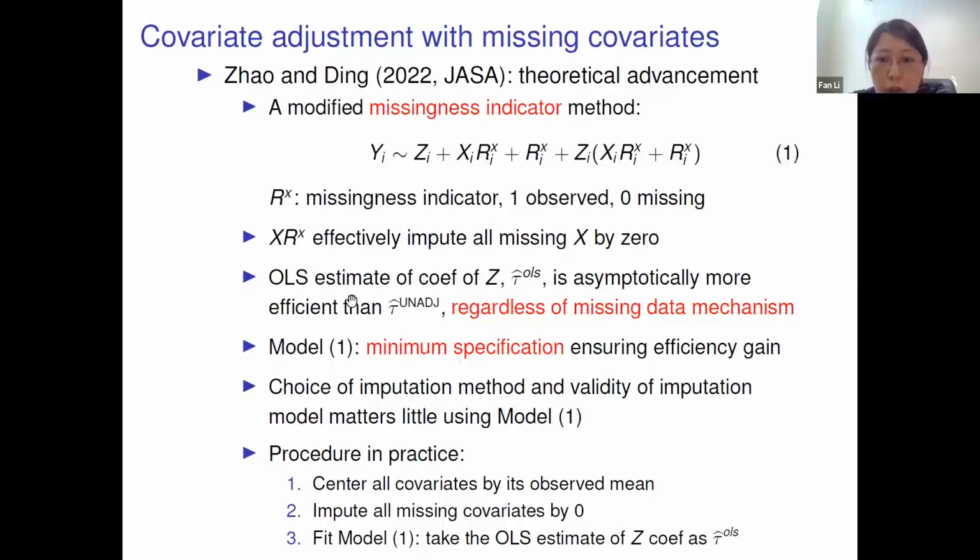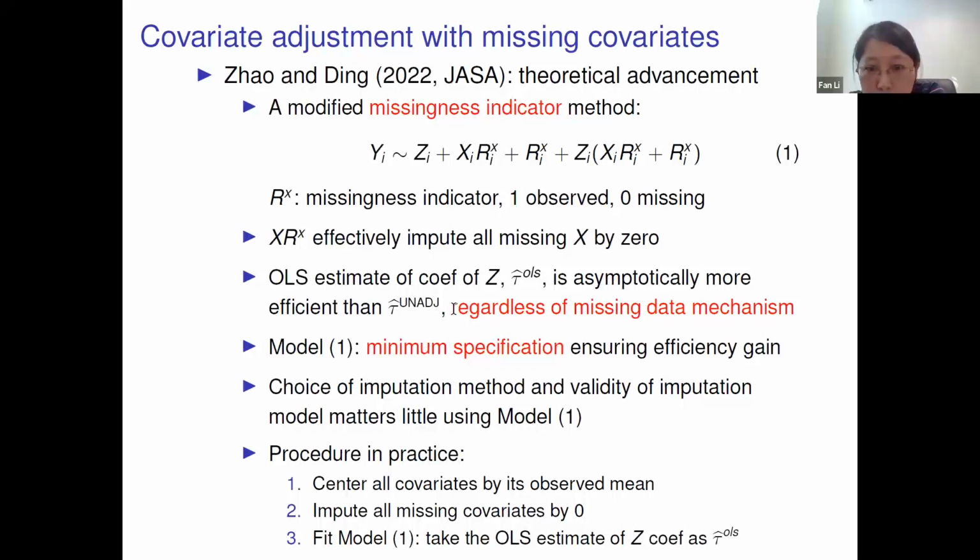What they show is very important. They were able to show that the ordinary least squares estimate of the coefficient of Z, which is the treatment, with everything centered here, is asymptotically more efficient than the unadjusted difference in means estimator.